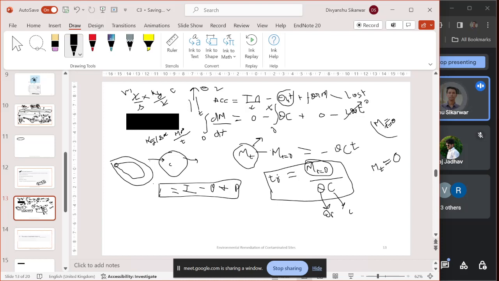If we don't know the M value, how do we calculate T_R? So what is M at t equal to zero? From now we will call it M naught. Can anyone tell what M naught, or M at t equal to zero, is? M is basically mass.